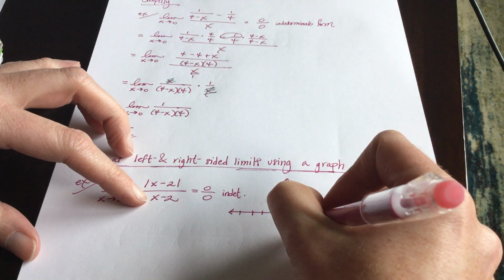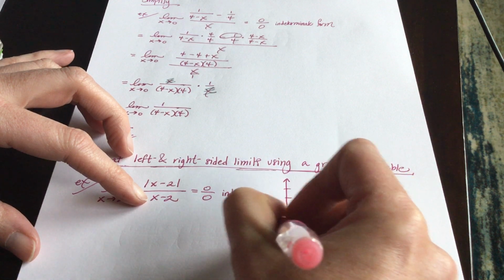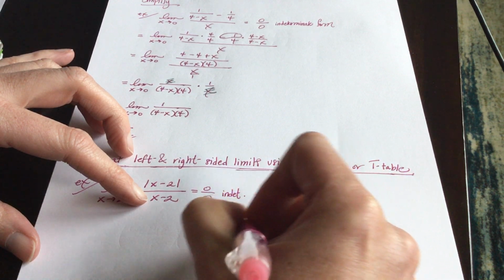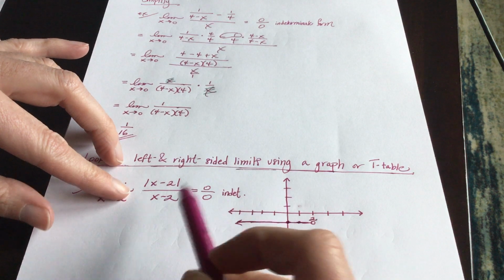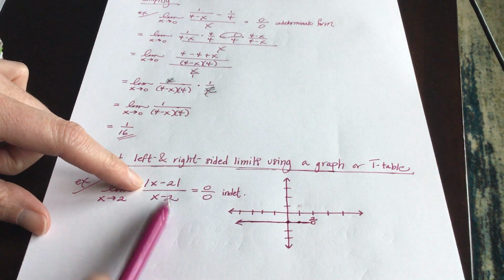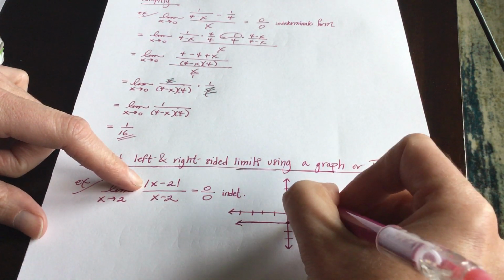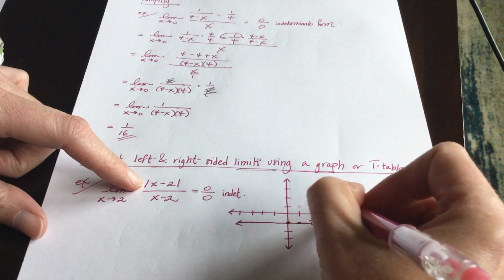So any number that you plug in to the left of 2 would give you negative 1. And if you plug in things like 3, 4, 5, then the absolute value marks are totally redundant, and you end up with positive 1 for anything bigger than 2.